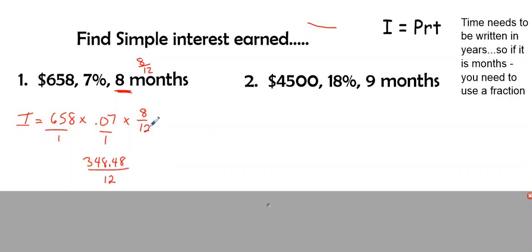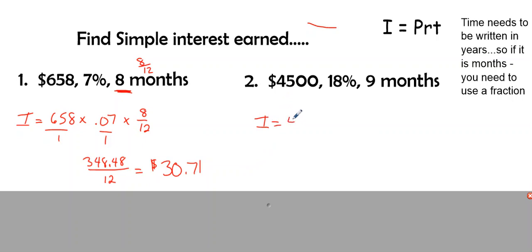So I'm going to divide by 12. So that comes up to be my interest is going to be $30 and about 71 cents. $30.71.